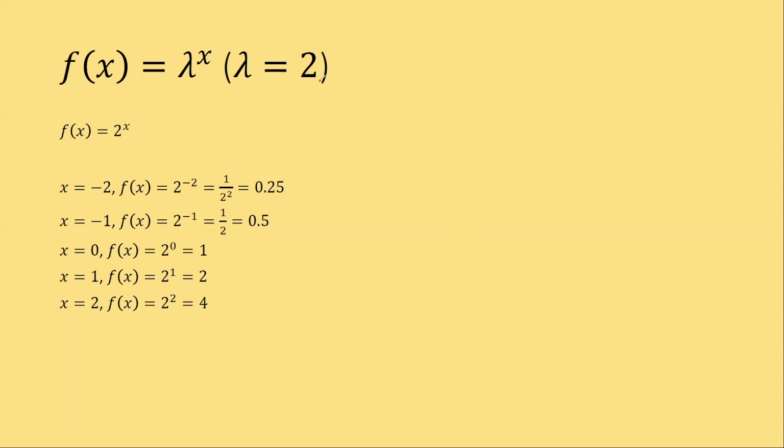I've listed a few of the values that this function takes when we have different values of x, and I'm going to draw this on the graph. On the horizontal axis is our x, and on the vertical axis is our f(x). Now, if I plot the points that I have here, let's say this is 1, this is 1, this is 2, this is -1, and this is -2.